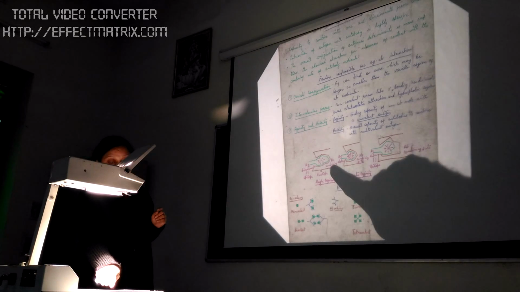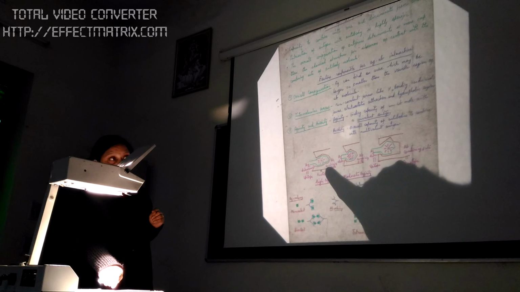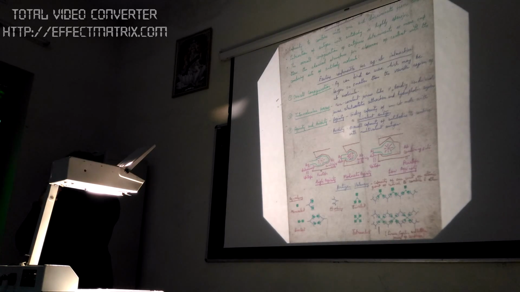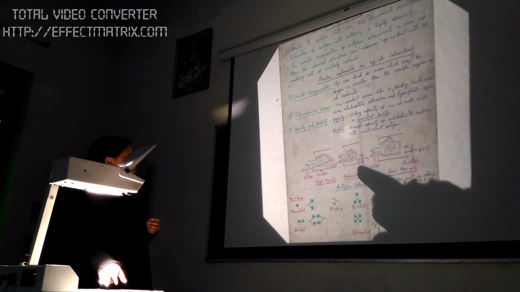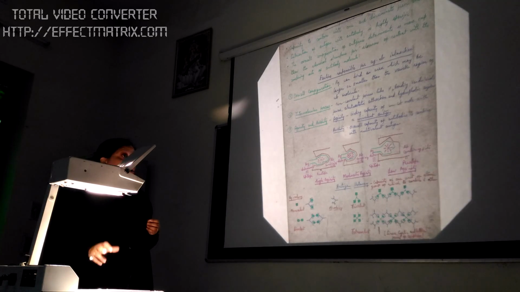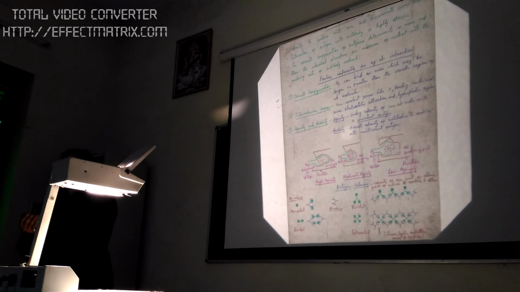If paratope and epitope are like this, they fit uniformly and show high affinity. This type of binding shows moderate affinity. If they are not corresponding or complementary to each other, that binding leads to low affinity.